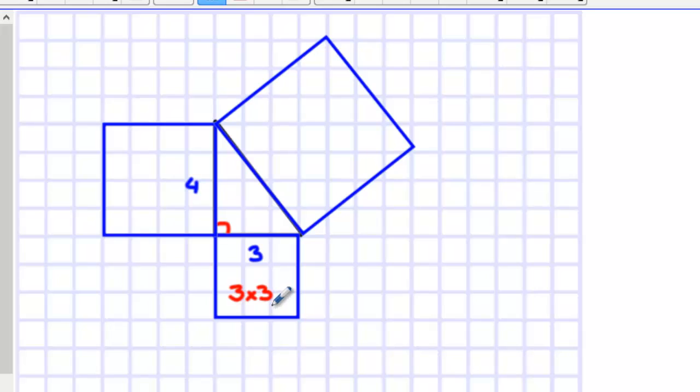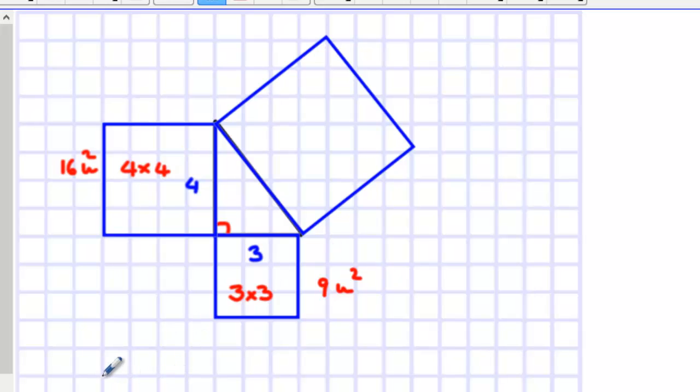So that means this is equal to 9 square units. What about this one? Again, 1, 2, 3, 4, and 4 by 4 equals 16 square units.